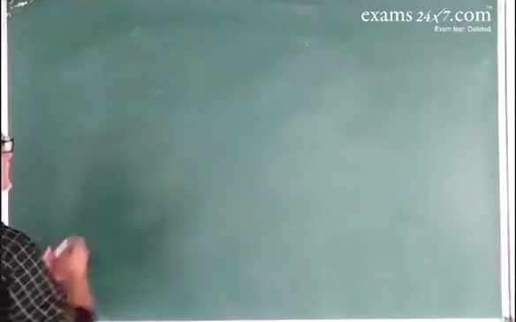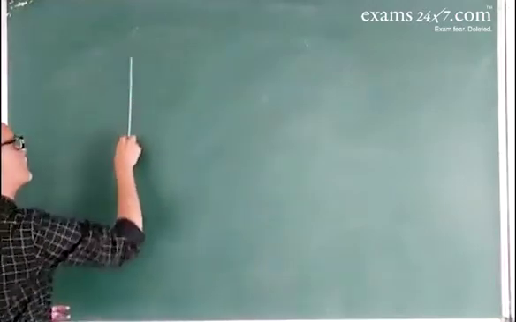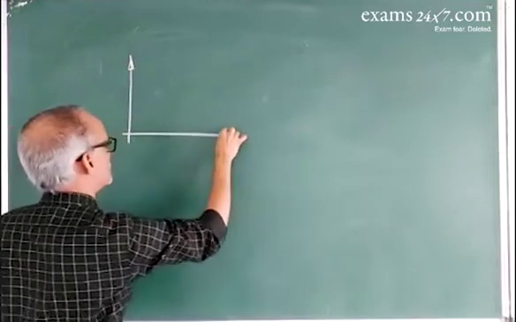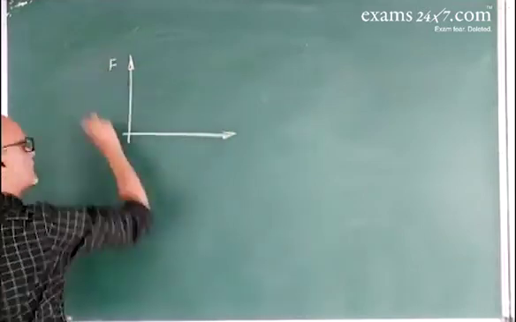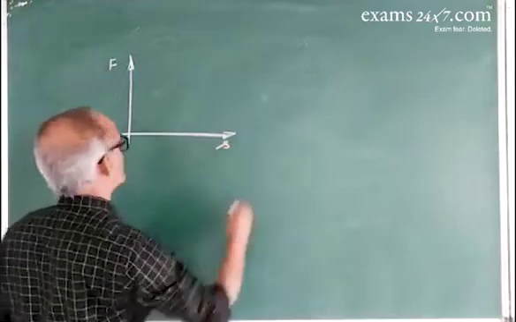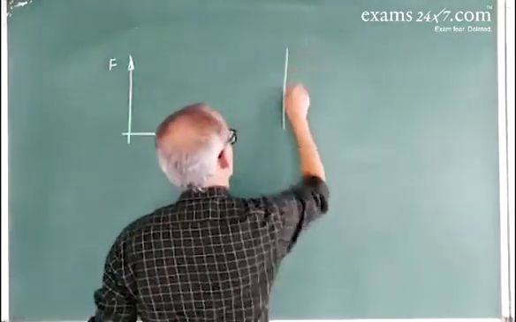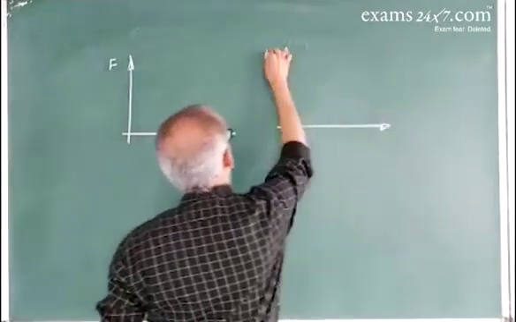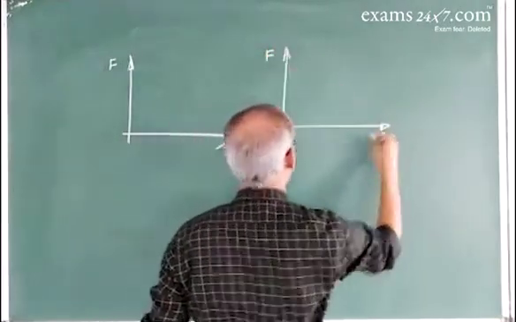Whenever a force acts on a body, we can always draw the graph that shows the variation of the force acting and the displacement of the body. Force versus displacement.